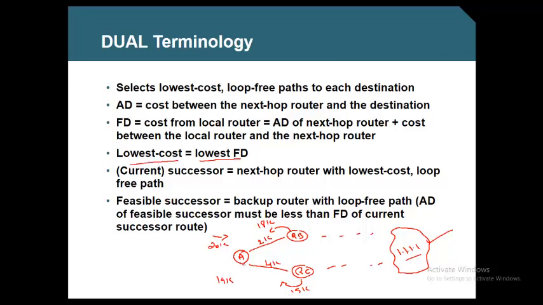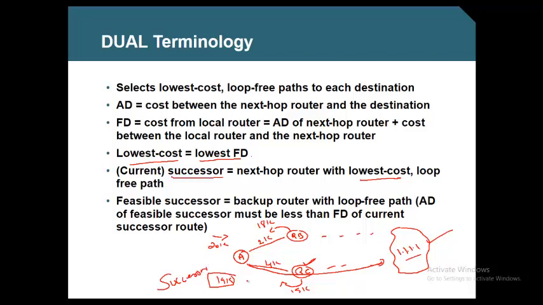Do you agree on this? So this is the low cost, isn't it? Lowest FD is the low cost. That lowest cost is given by router C, isn't it? So this next hop path is what is called the successor path.